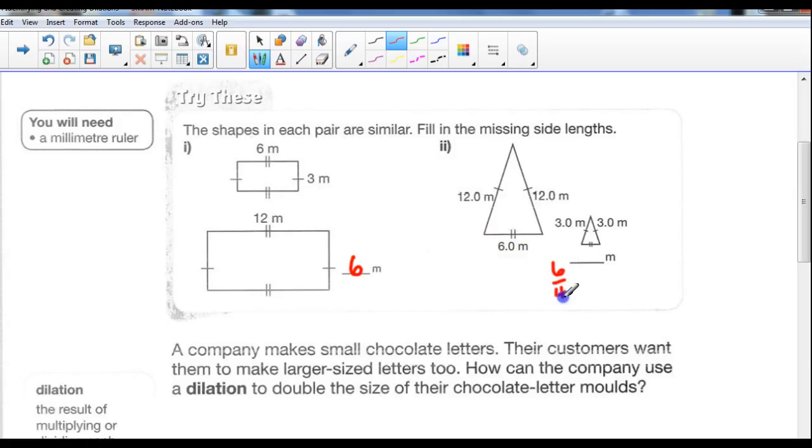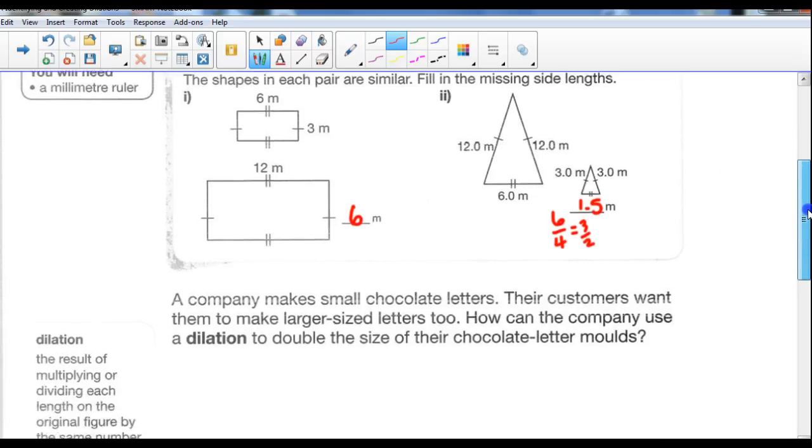So we take 6 and divide that by 4, and that's equal to 3/2, which is 1.5. So to be the same object, we had to decrease this by a scale factor of 4. This one here had to be increased by a scale factor of 2. So that's what happens when we dilate. We make an object bigger or smaller by a scale factor.